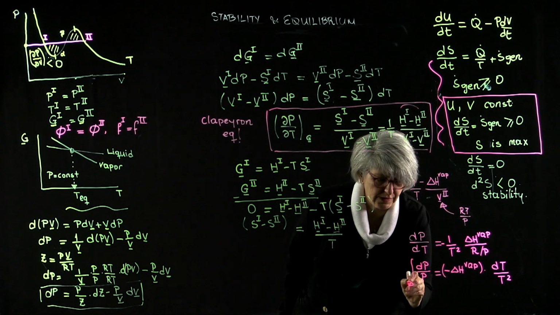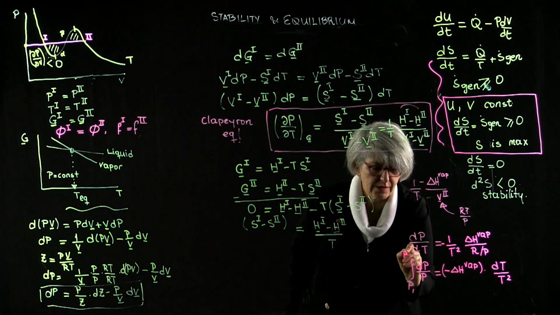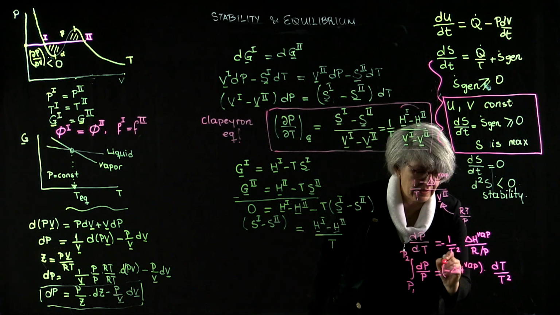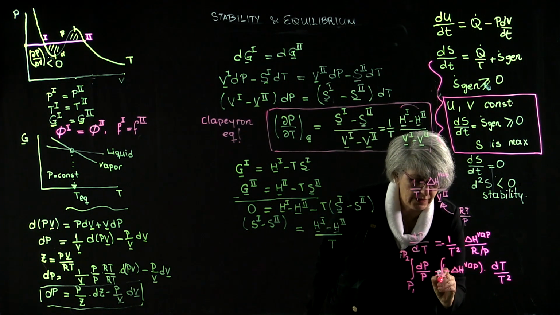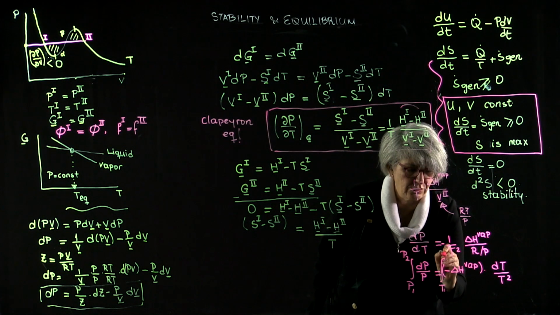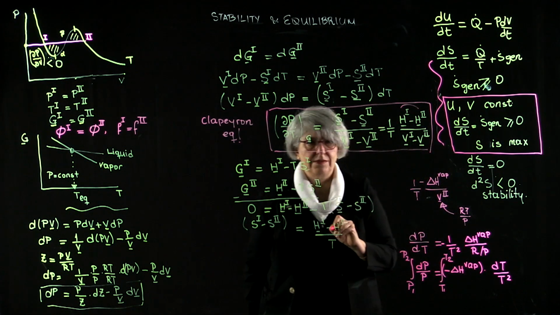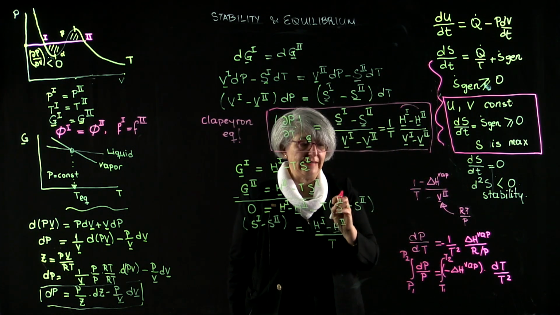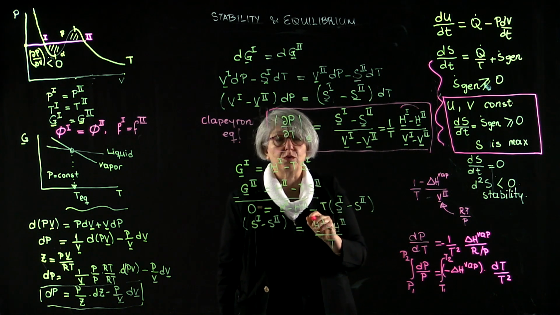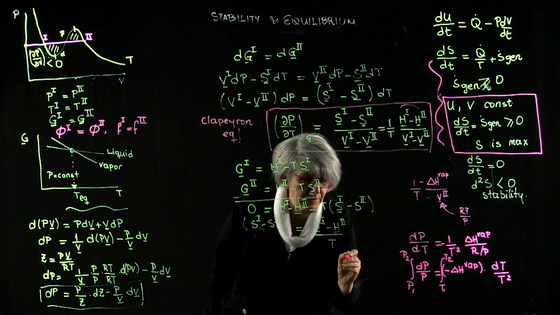So if I integrate between P1 and P2, and if I integrate between T1 and T2, I have a neat equation which is called the Clausius-Clapeyron equation.